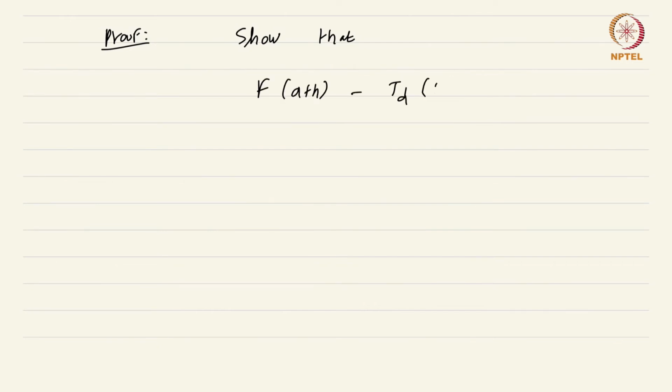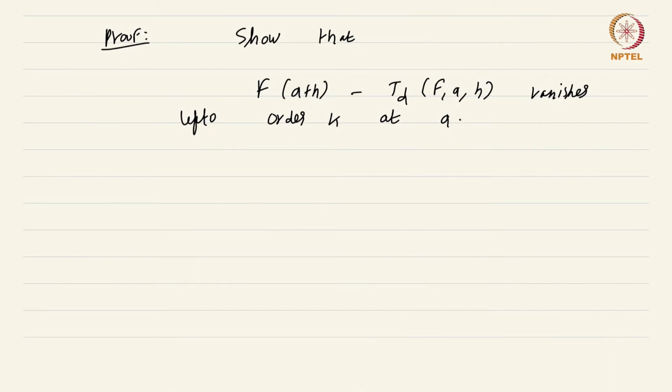So let's prove this, and there is nothing much to prove. Show that f of a plus h minus T_d f a (h) vanishes up to order k at a. In fact, the entire Taylor polynomial was set up so that this happens.